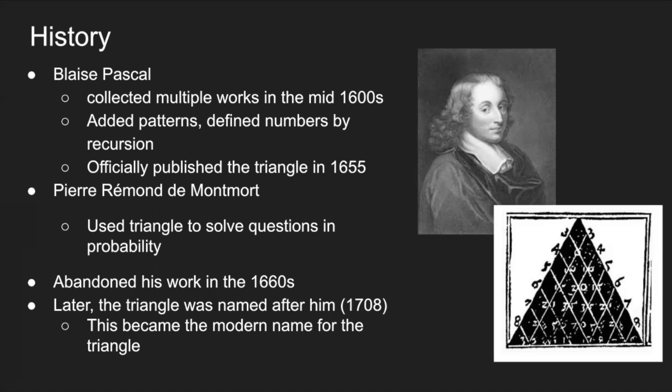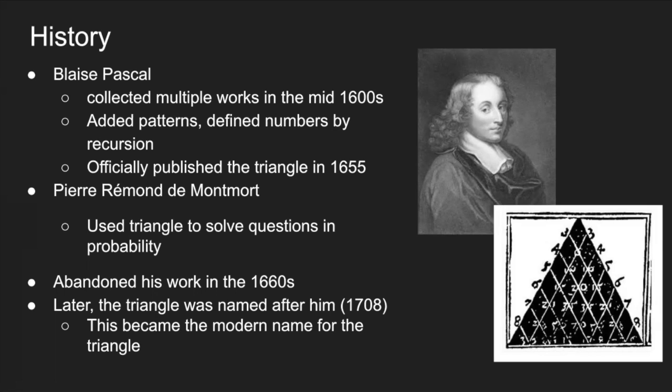What he did was he took those original works and a lot of those illustrations, took all the fragments together, and consolidated it down into one work. He collected it and manipulated it. He never took credit for the triangle, nor did he say that he created it or it was his own original idea, but rather he gave credit to a lot of the original mathematicians who did come up with the idea.